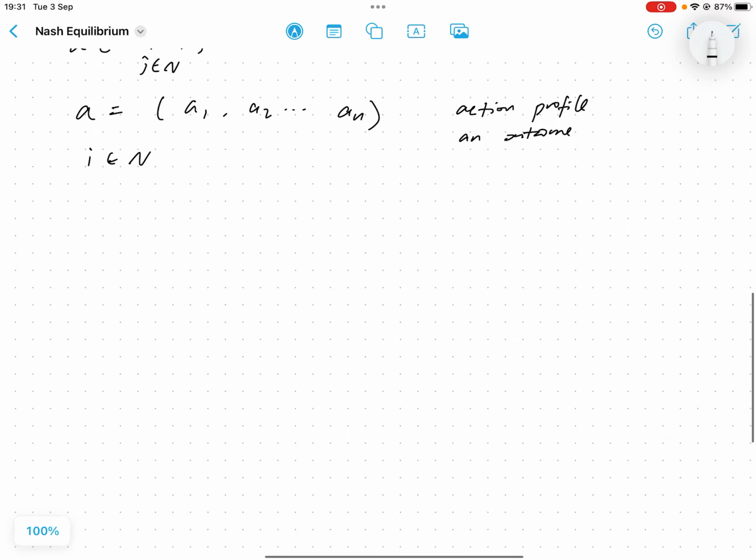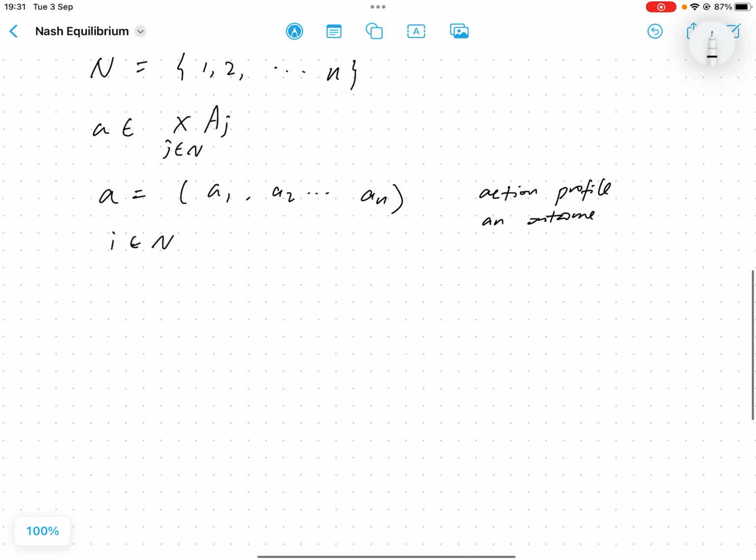We use another very useful notation to denote the opponents of player i. That's essentially a minus i. So a minus i is a1, a2, all the way up to a_(i-1), and we skip a_i, then go to a_(i+1), and so on and so forth, all the way to a_n.